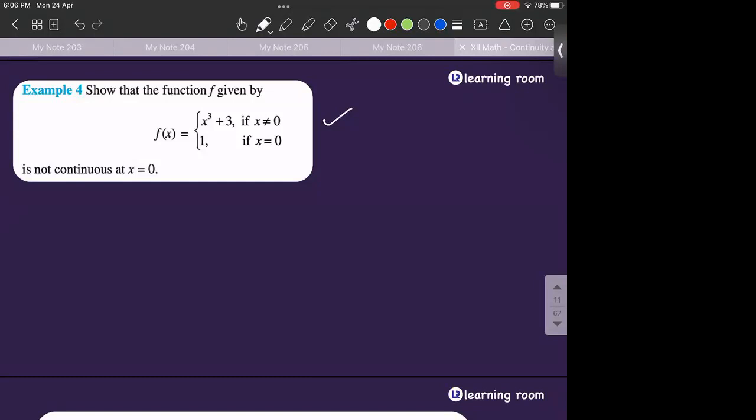The f of 0 minus h will be -1 and f of x will be 1, sir. Wrong. It is not continuous is the right answer, but the logic of why it is not continuous is not right.